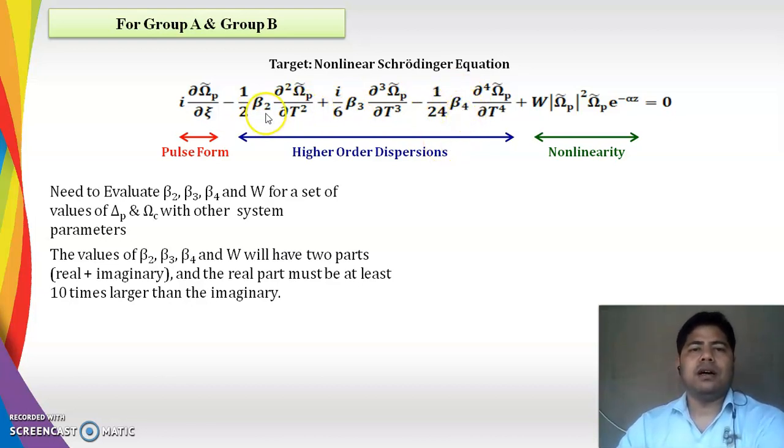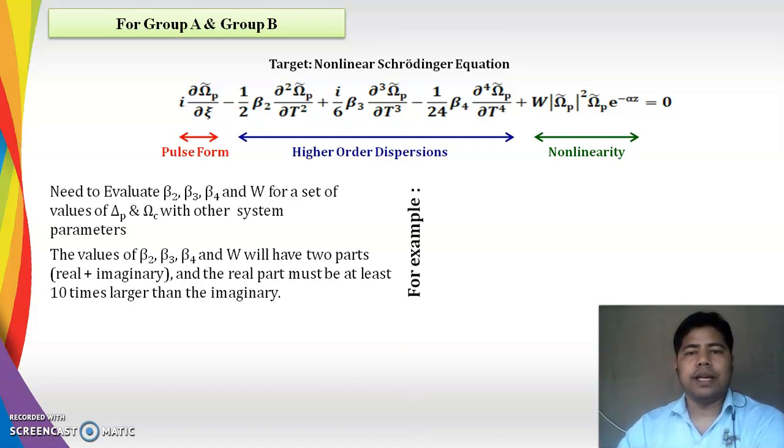We need to calculate those beta 2, beta 3, beta 4, and also W. We need to evaluate these four parameters for a set of values of delta P and delta omega C with the other system parameters, as we have already discussed, and we have found our system parameters. With those system parameters we need to find the values of beta 2, beta 3, beta 4, W for a particular set of parameters.